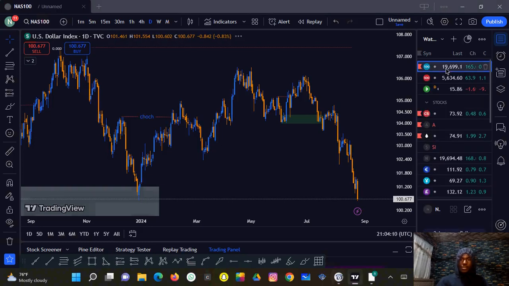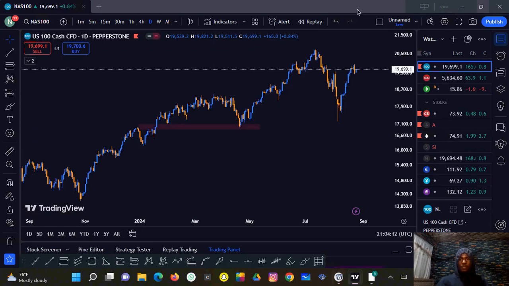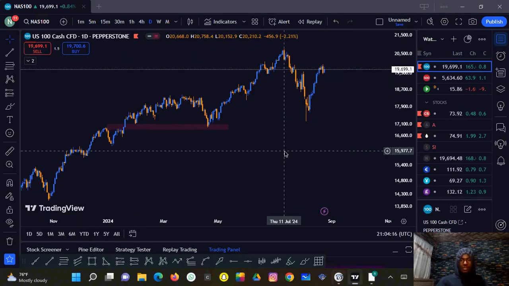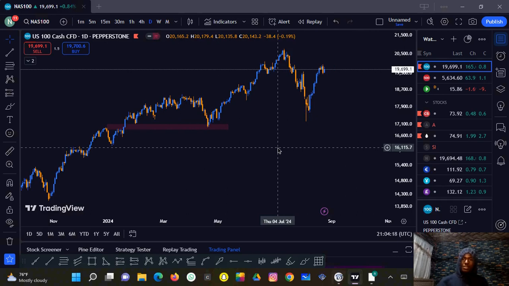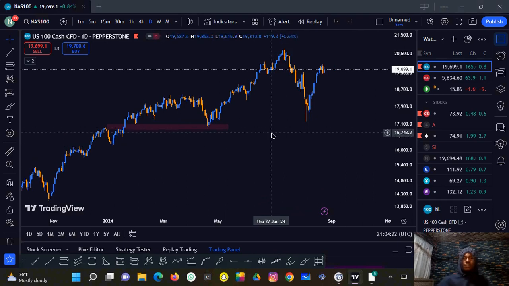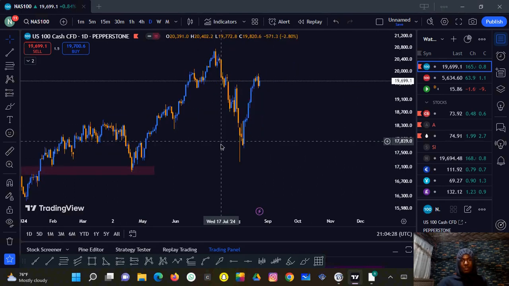Interest rates and stocks normally have an inverse relationship. If interest rate is falling, stock is rising, and when interest rate is rising, stock is falling.